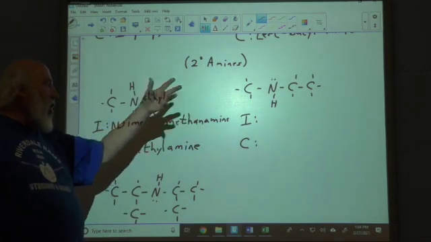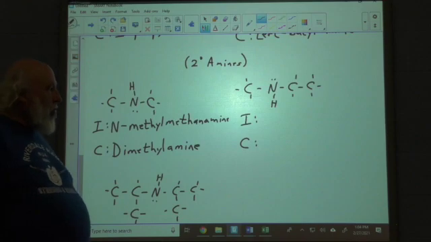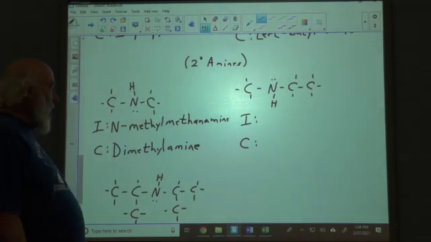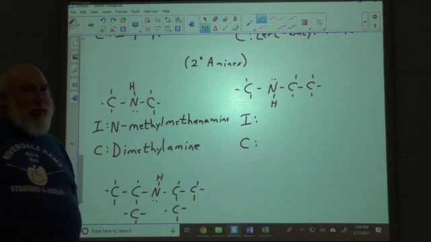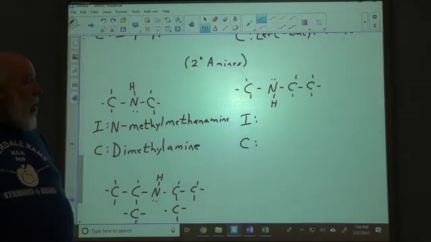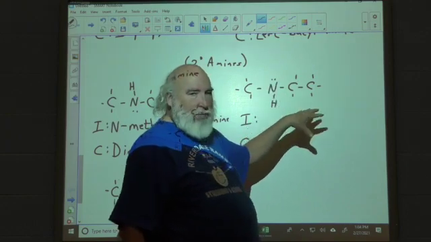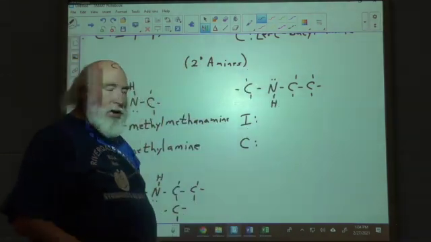Come over here, again, we have 2 alkyl groups bonded to the nitrogen, hence the name secondary amine. And so, according to IUPAC, the base name has to be the longest continuous chain of carbons. That'll be that 2-carbon chain, so this is going to end with ethanamine with a methyl group attached to the nitrogen.